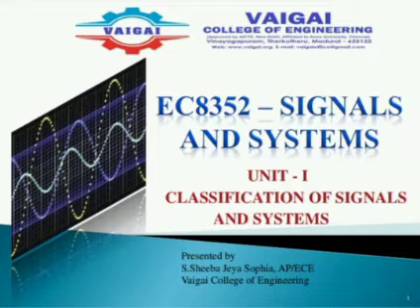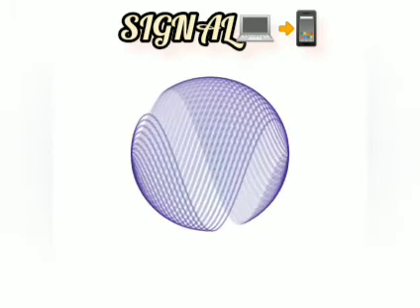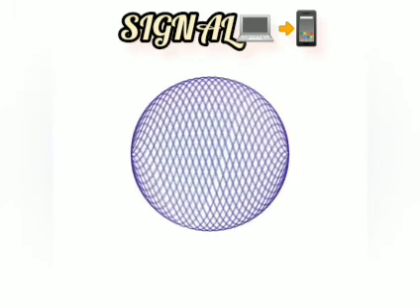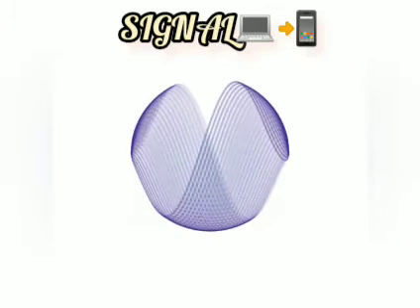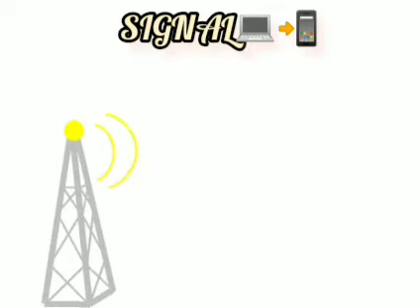Since it is a new subject, first let us get a brief intro of what is meant by signals and systems. We all know that a signal is a function that conveys information about a phenomenon. In our electronics and communication, it refers to any time varying voltage, current, or electromagnetic wave that carries information.